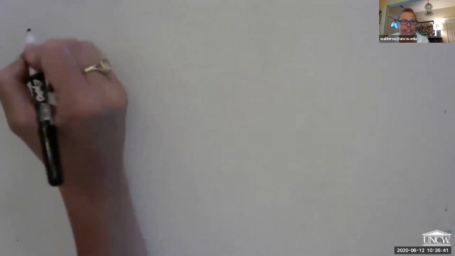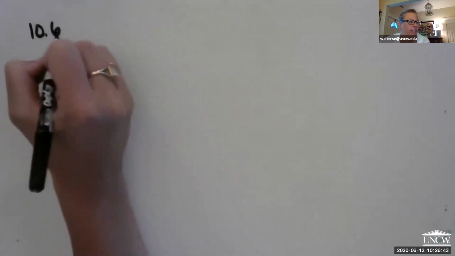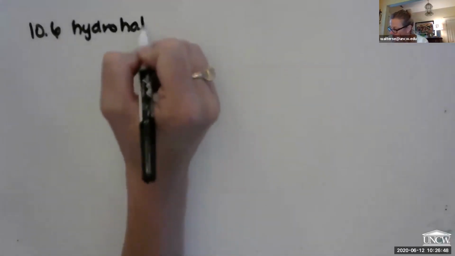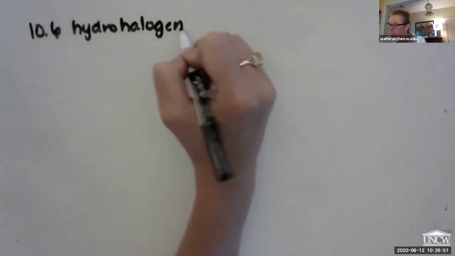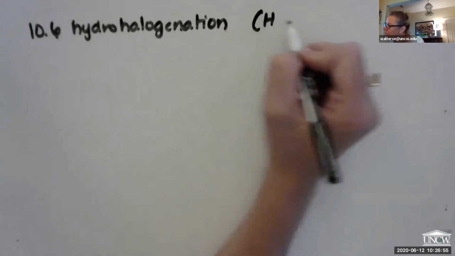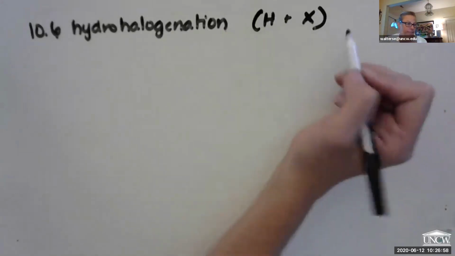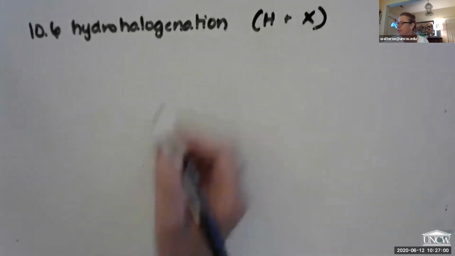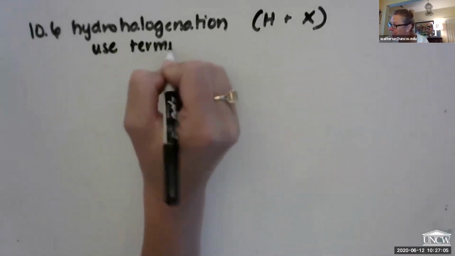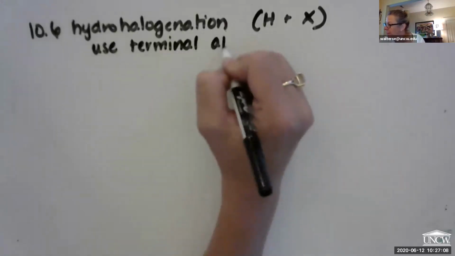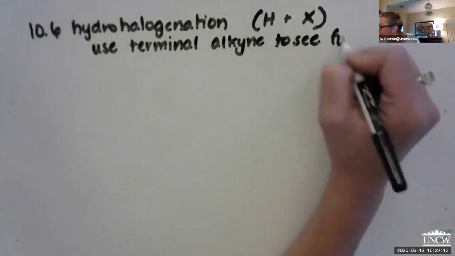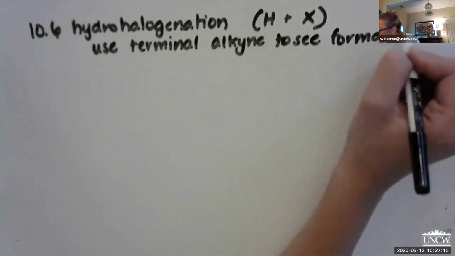So 10.6. Okay. This is hydrohalogenation, which is addition of H and X. Now we're going to use a terminal alkyne to see the formation of the Markovnikov product.